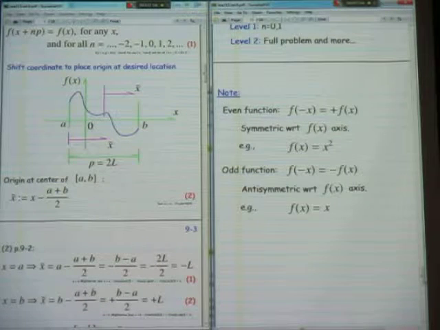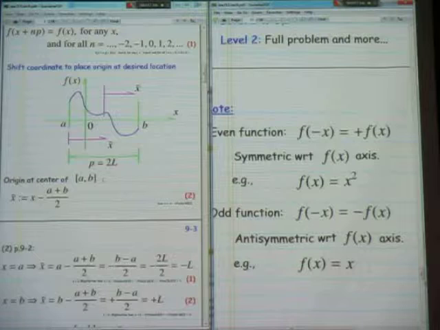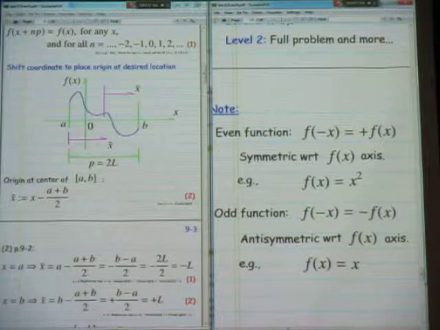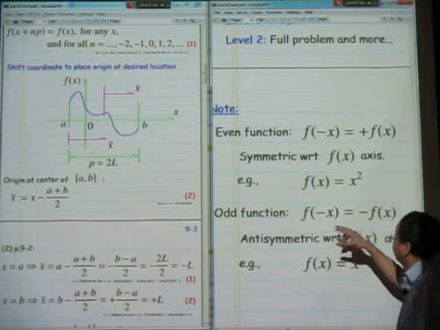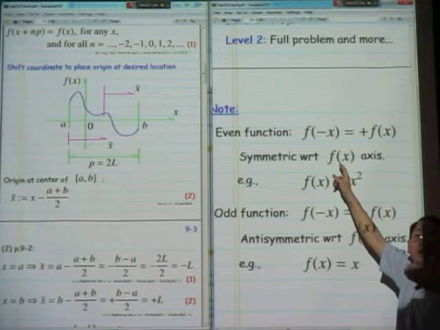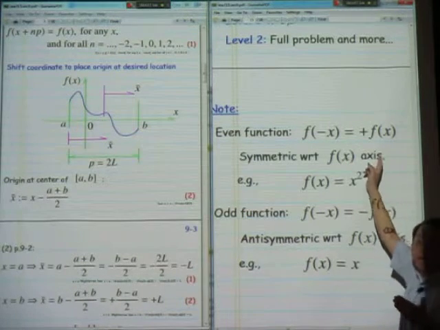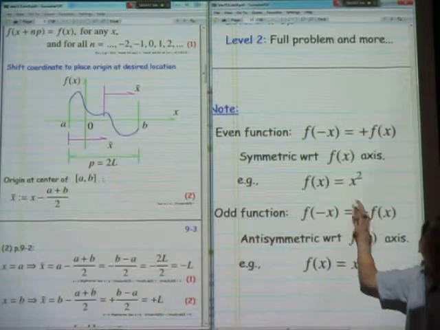Okay. Yes. So this is the formal mathematical definition of even function and odd function. Essentially, an even function is when you have f of minus x equals f of x, and an example is the parabola.